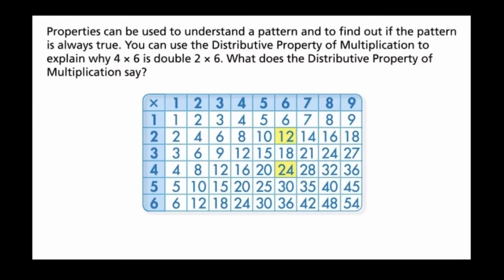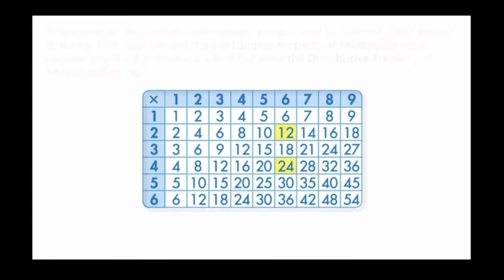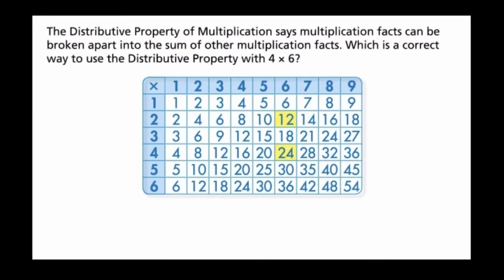What does the distributive property of multiplication say? The distributive property of multiplication says multiplication facts can be broken apart into the sum of other multiplication facts. Which is a correct way to use the distributive property with 4 times 6?